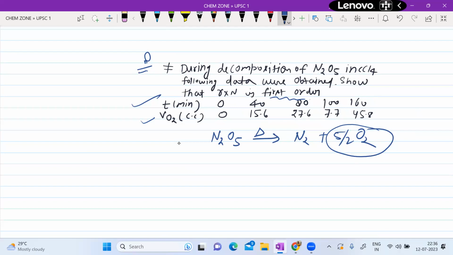So we know the formula for the calculation of rate constant. But in this equation, the value of volume of oxygen, which is one of the products in this reaction, is given to you.